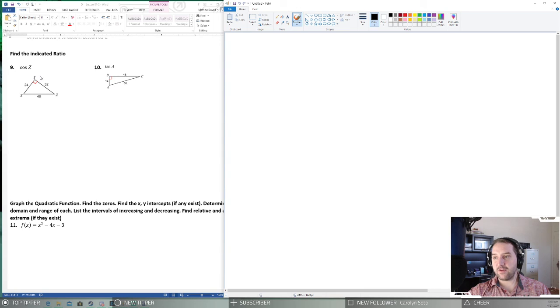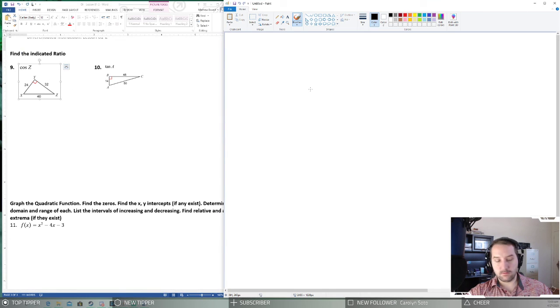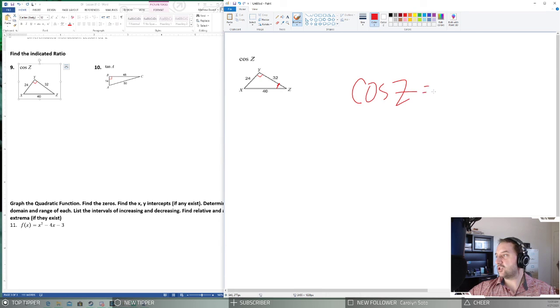All right, so the next one, find the indicated ratio. So I'm just going to copy and paste it so I can draw on it. So it says cosine z. So that's from this angle right here. So cosine z is adjacent over hypotenuse. So my adjacent value is 32.